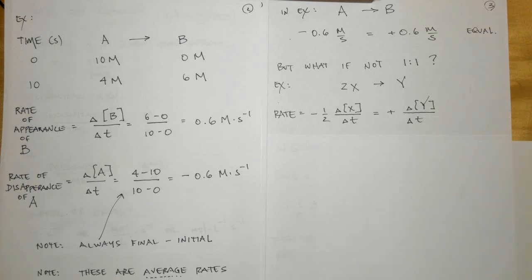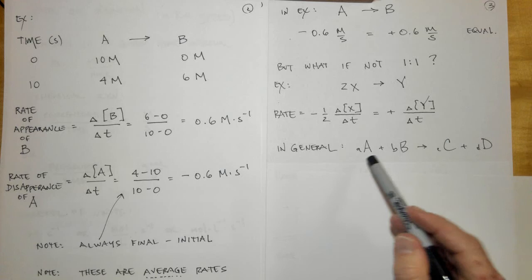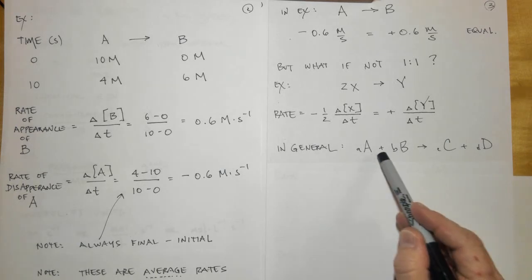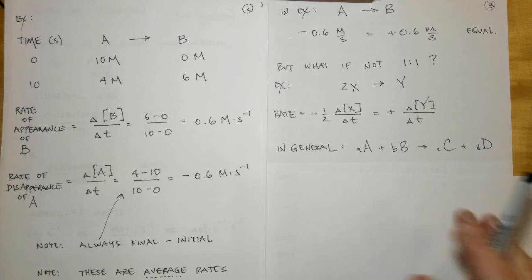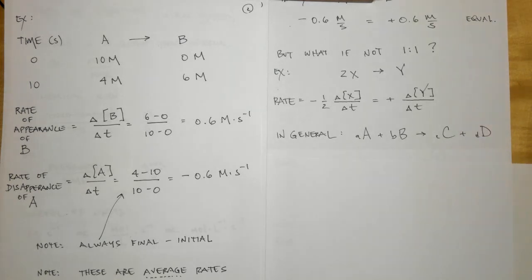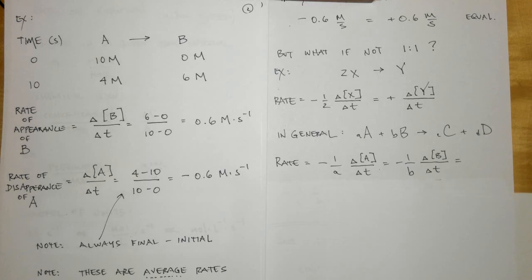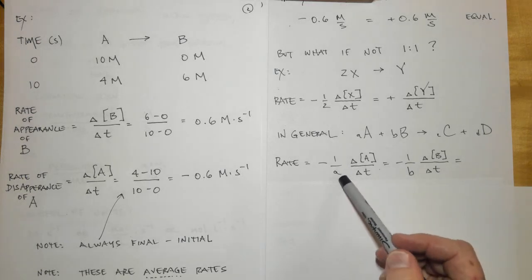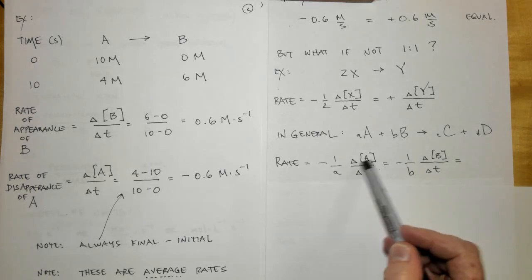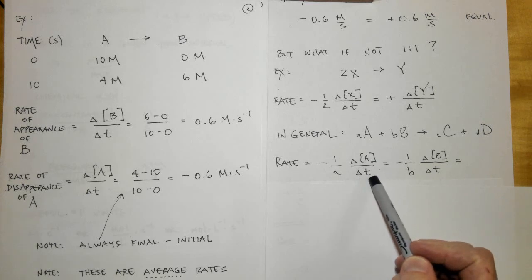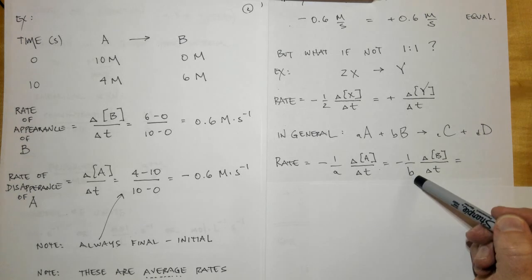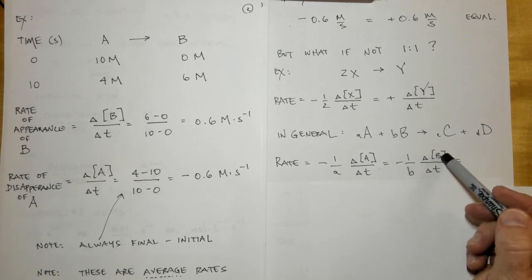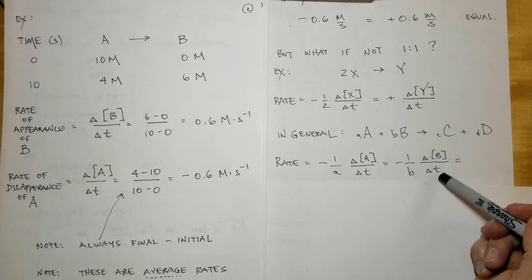And so for any general reaction, and I picked a big one here, aA plus bB goes to cC plus dD, we can write the rate in general terms as the disappearance of 1 over the coefficient a times the change in concentration of A over the change in time, is equal to 1 over b times the change in concentration of B over the change in time.